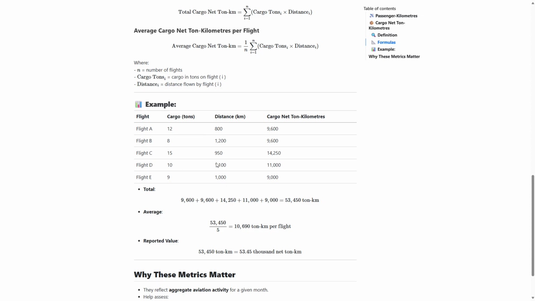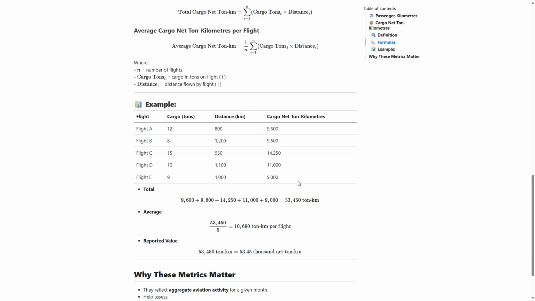If the data is showing the total cargo net ton kilometers, we divide this by 1,000, so we'll get 53.45 thousand. If the average is being used to report the data, then it will be 10.69 thousand ton kilometers per flight.